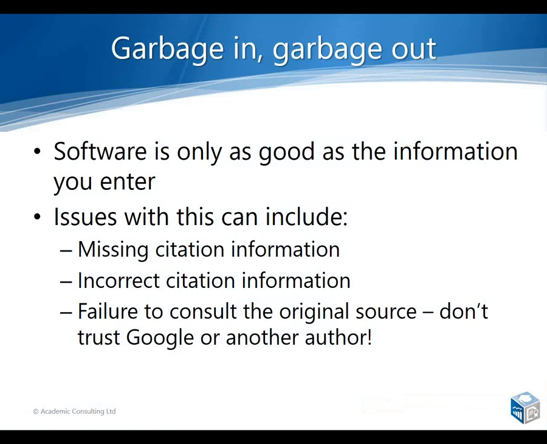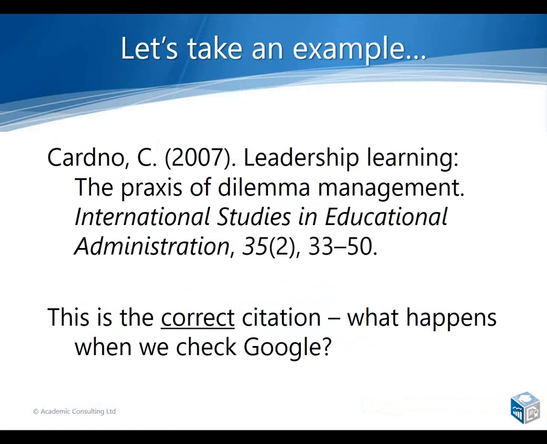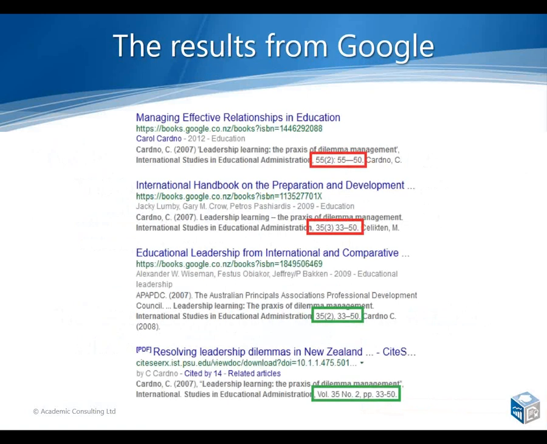So let's take a look at this by way of example. So just take a moment, folks, to have a look at that citation and the information that it has. So that's a correct citation. Now, let's take a look at what happens when we look at that in Google. So these are the first 4 Google results that came up.